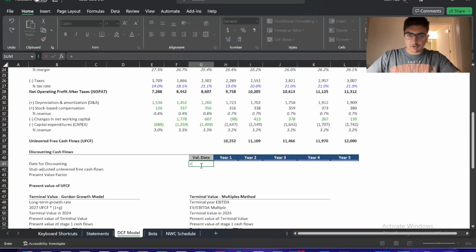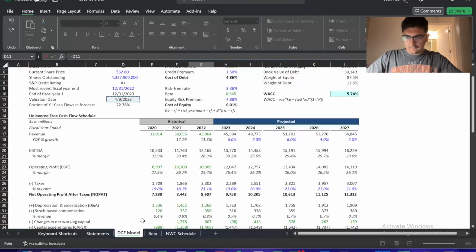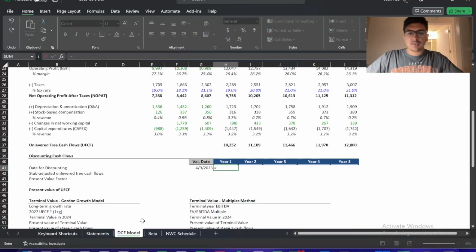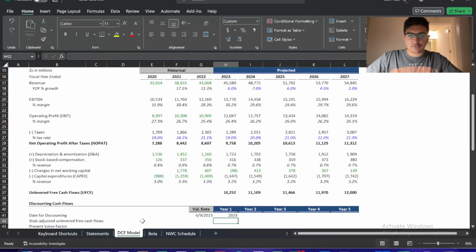So the date that we're going to be using for discounting, the present day, is going to be our valuation date. Okay? Now, for the years, you can just do a direct cell reference up to the dates up here. These aren't just numbers, these are actual dates, I'm pretty sure.